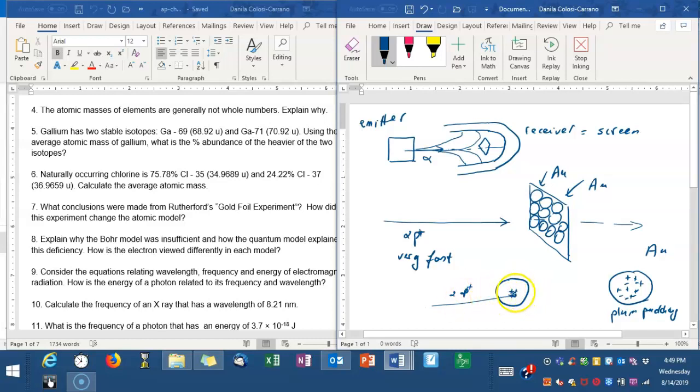So plus and plus reject each other, repel each other. Therefore, those 2 protons are not going to be able to make it. So this is the conclusion of the gold foil, that there has to be a concentration of plus charges in the center of the atom, which we call the nucleus. And this is how the model has changed now.